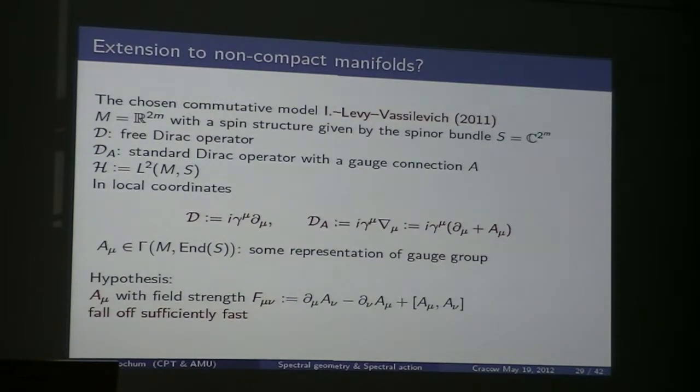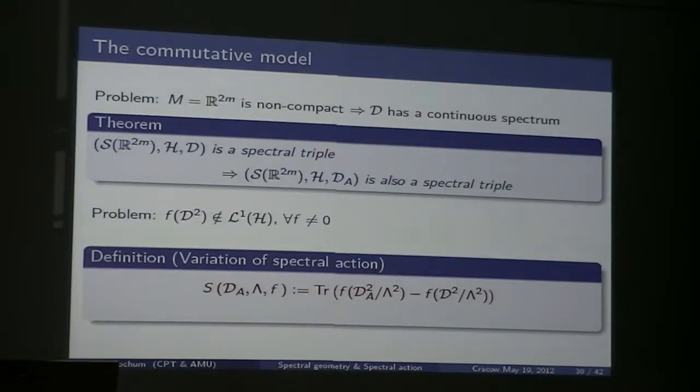In general, you have to make some hypothesis about A mu, or about its field strength, namely you have to assume that it falls off sufficiently fast. But we will see later that this so-called weak field expansion is not totally necessary.